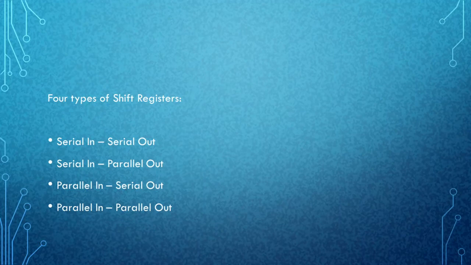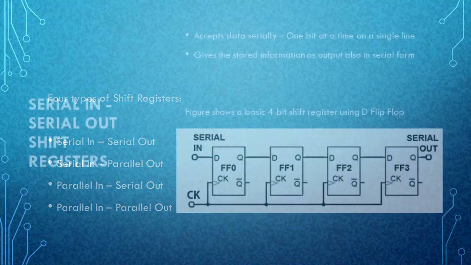Then the next is parallel in, serial out: the data is entered in parallel, that is together in all flip-flops, and received serially, one bit at a time, from the output. And then the last is parallel in, parallel out: the data is entered in parallel, that is simultaneously in all flip-flops, and received in parallel, that is the output is received simultaneously from all the flip-flops.